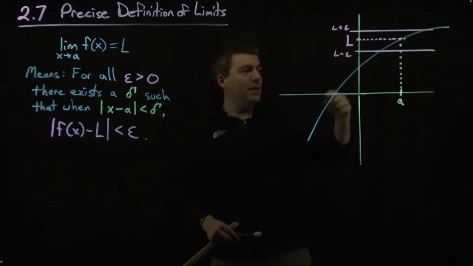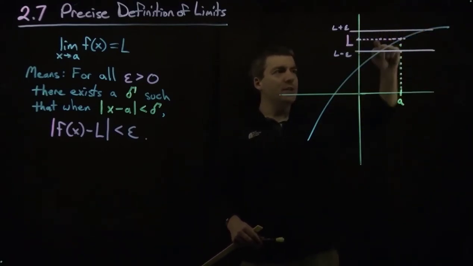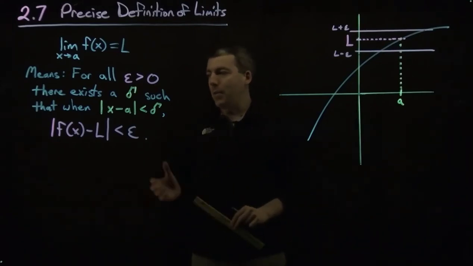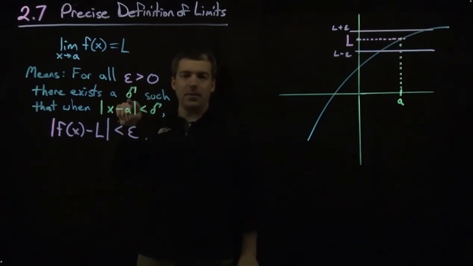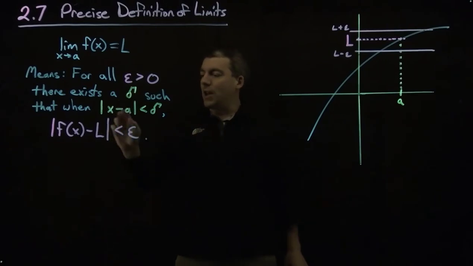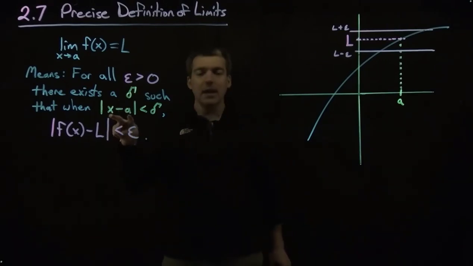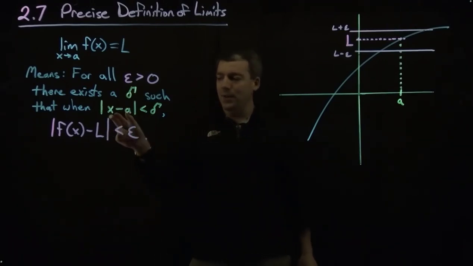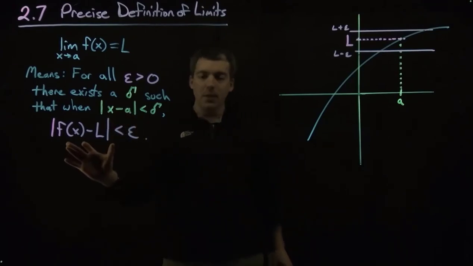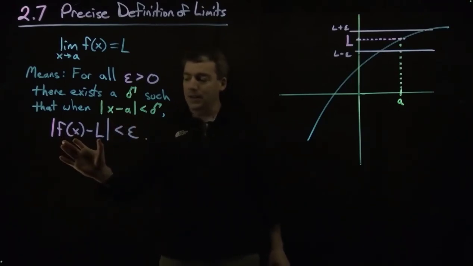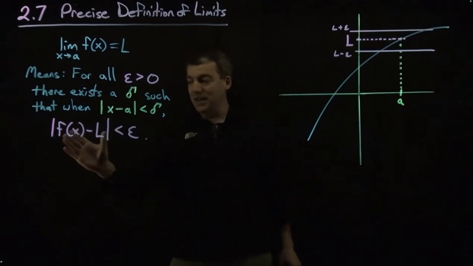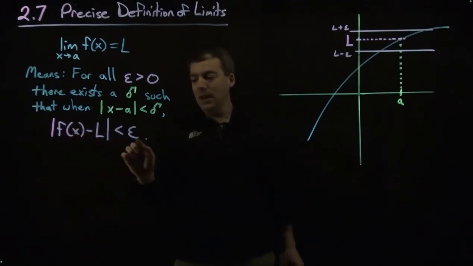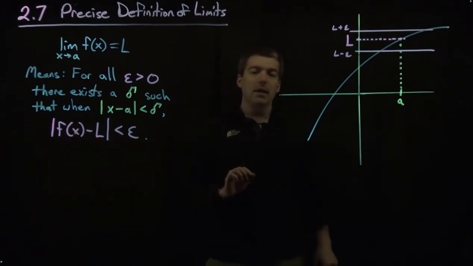Now, how do we get this curve to be within this tolerance of L? Well, we do that by picking a delta, such that when x is within delta units of a, we get the behavior that we want, that f of x minus the limit, the distance between the function and the limit, is less than epsilon. Right?